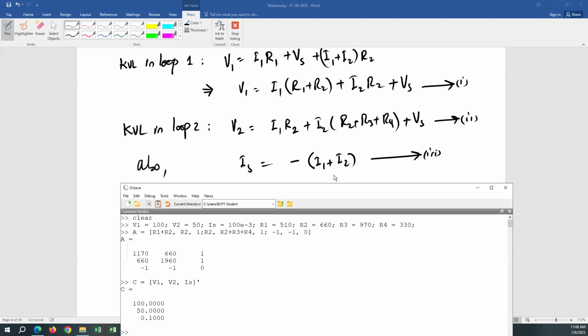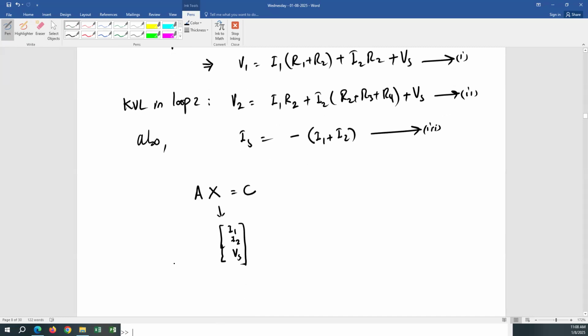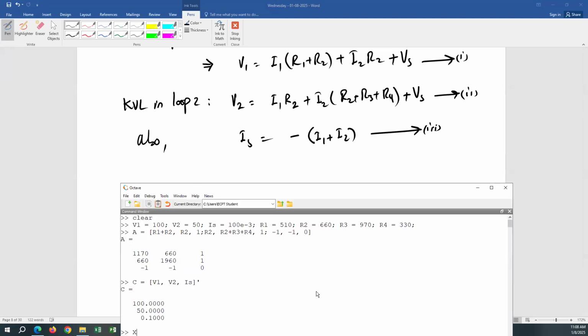Now my unknown matrix in this case is not entirely comprised of V. It is V and I. So I have A times X equals C, where X is I1, I2, and Vs. These are my unknown X: 2 currents and 1 voltage. So X equals A backslash C.